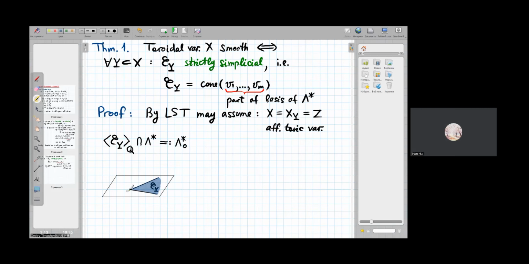We have a lattice, the set of lattice vectors in this linear span. This is lambda naught. Maybe I can mark these lattice vectors by dots.